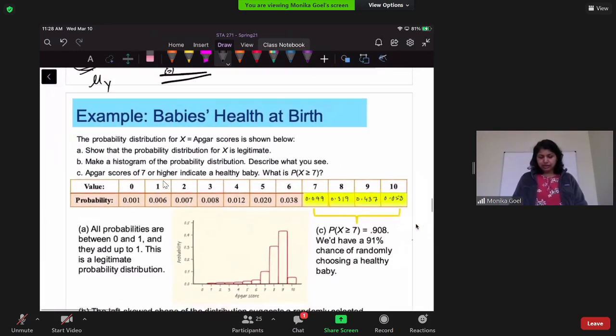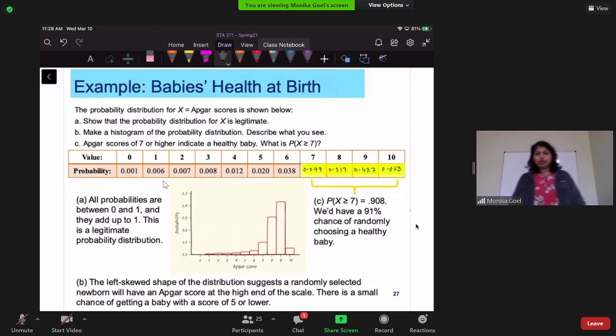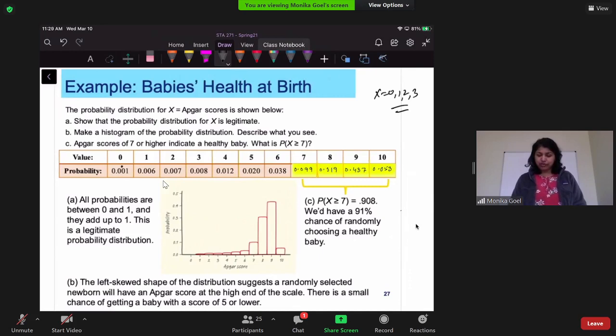And here is another example that is solved for you. In the previous example, we had only 4 x values: 0, 1, 2, and 3. Now the value of x goes from 0 up to 10, so we have 11 observations.